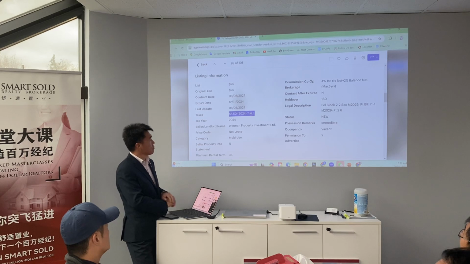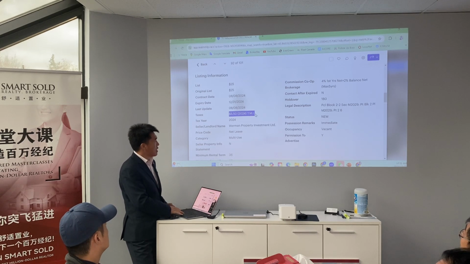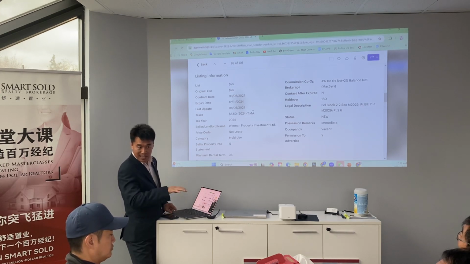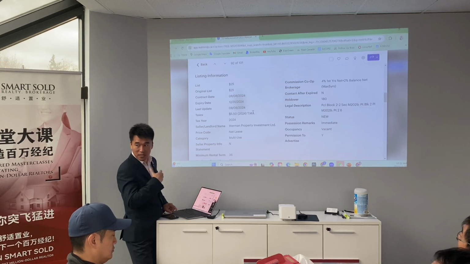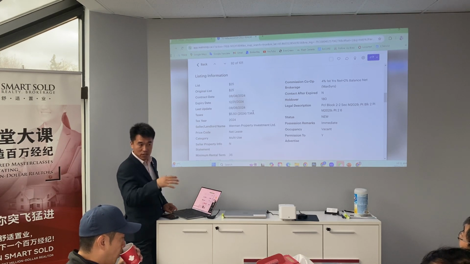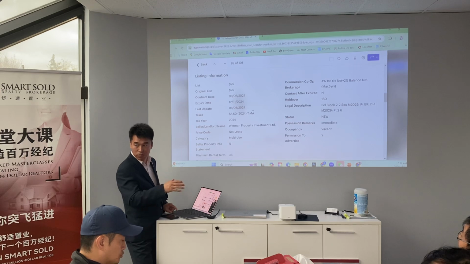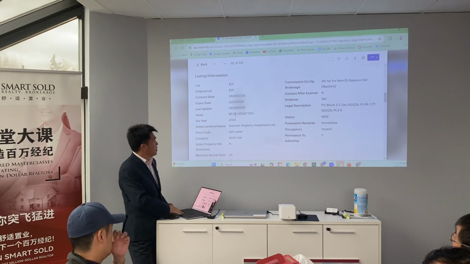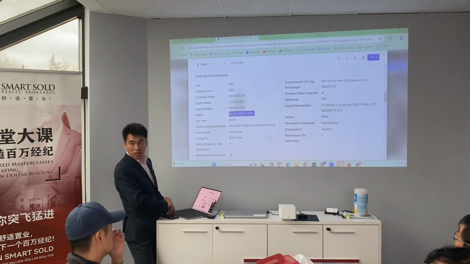Right, good. Okay, tax, maintenance, and insurance. That's the building insurance, not the tenant insurance. As a tenant, you still need to purchase your own insurance to cover your own business. And that TMI is 5.5.